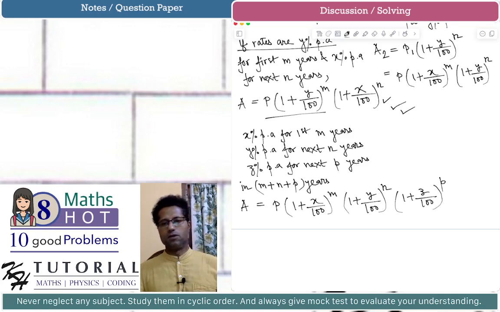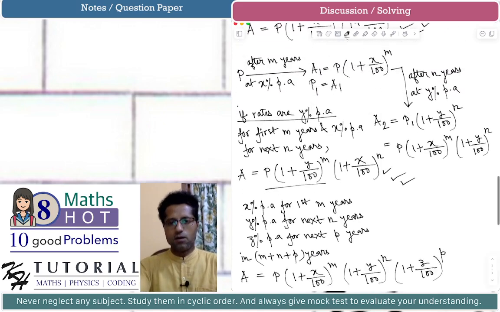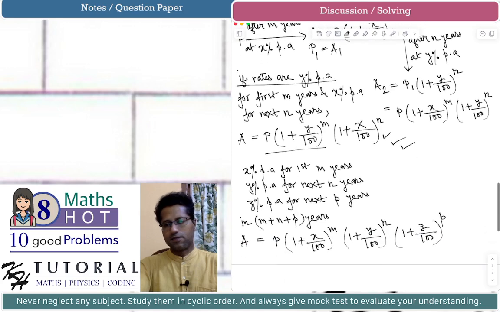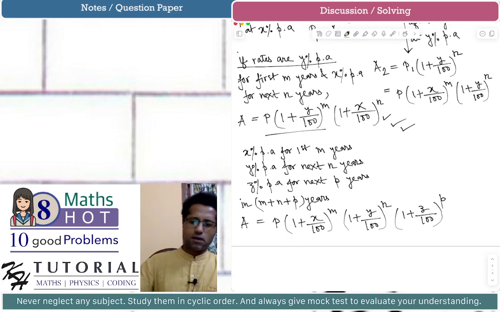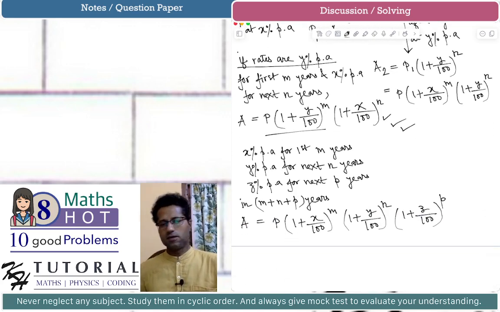This will be the formula. This is an extended formula for case 3. Now you can generalize this for any number of rates of interest that are applied for any consecutive years.